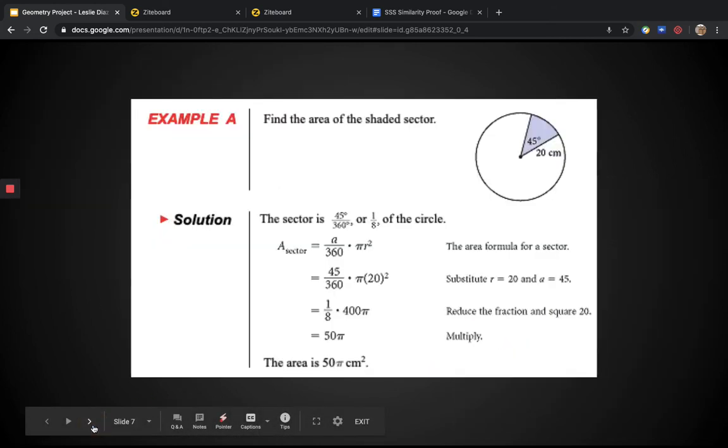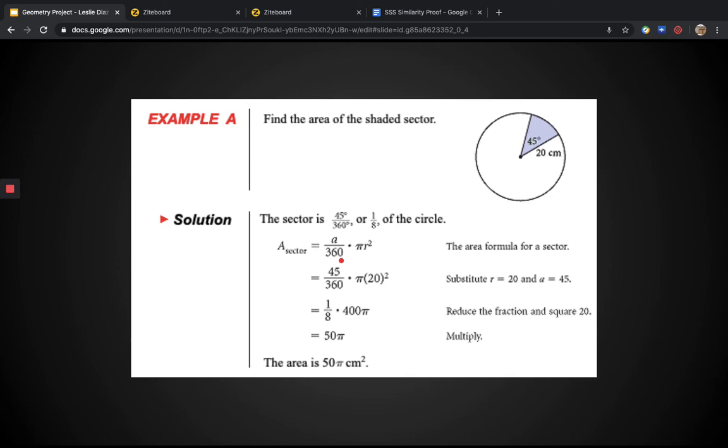So now what we're going to do is look at this example right here. We have our arc A, which is 45 degrees, and we have our radius, which is 20 centimeters. So the sector is 45 degrees out of 360, which is A over 360, or 1/8 of the circle if you simplify the fraction.